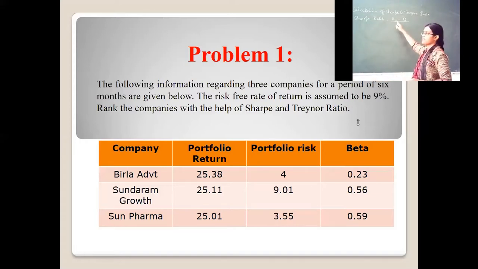What does RP stand for? RP stands for the return of the portfolio, which is given in the second column. Then we take RF, the risk-free rate of return. In the beginning of the question itself, they've told us that the risk-free rate of return is 9%, which means that out of your investment into a group of securities, 9% would be the minimum return you would expect.